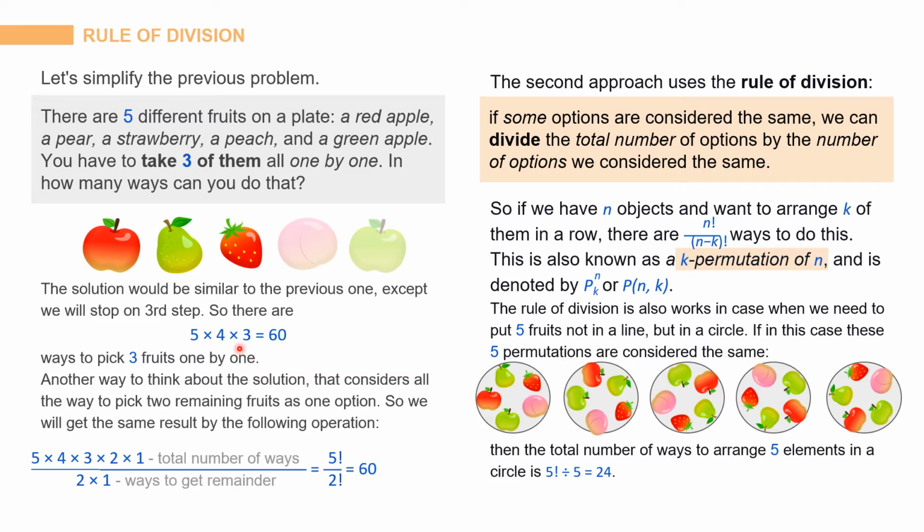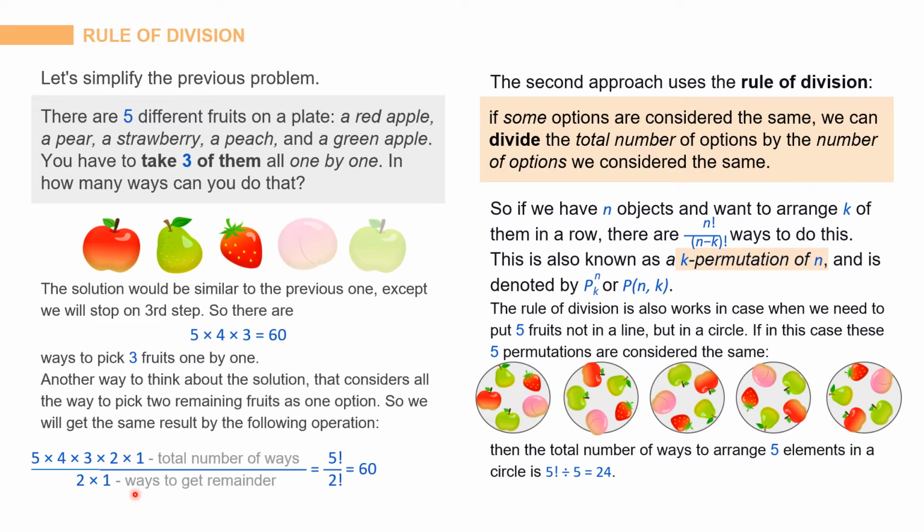There's another way to think about the solution that considers all of the ways to pick the 2 remaining fruits. We get the exact same result as the previous way of doing it. So think about it: we have 5 factorial ways to pick the 5 fruits one at a time, but there are 2 times 1 ways to pick which 2 fruits we're going to give back.